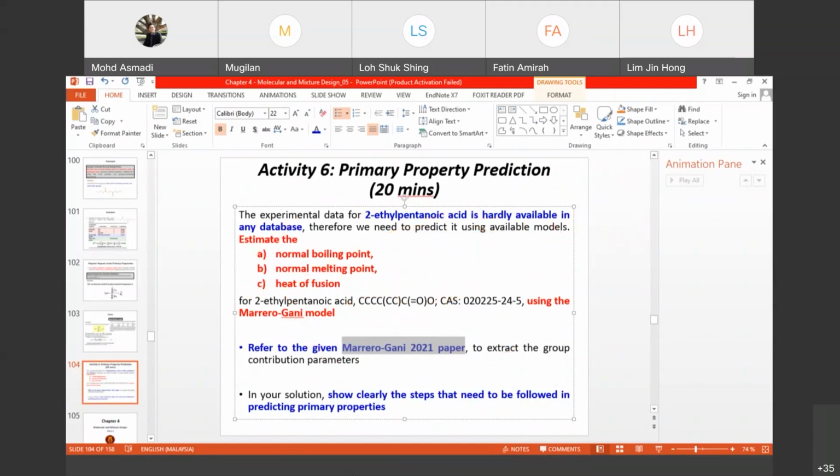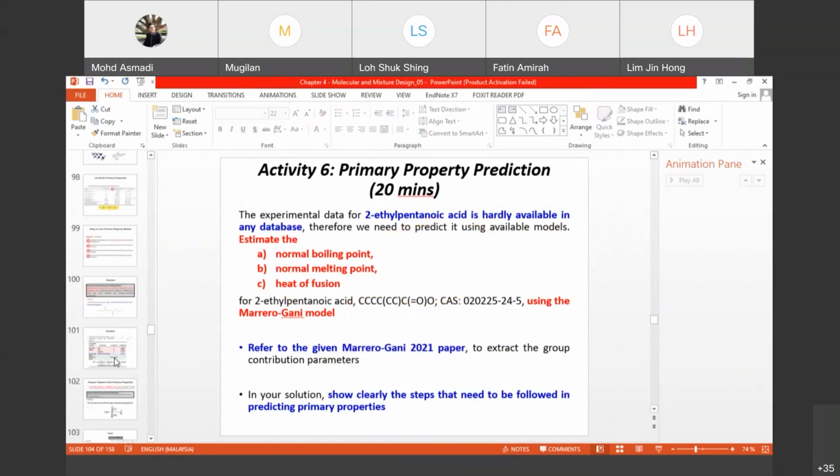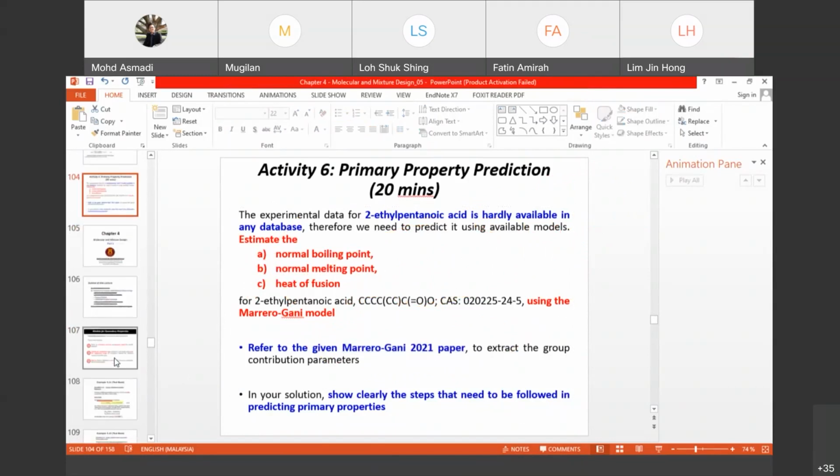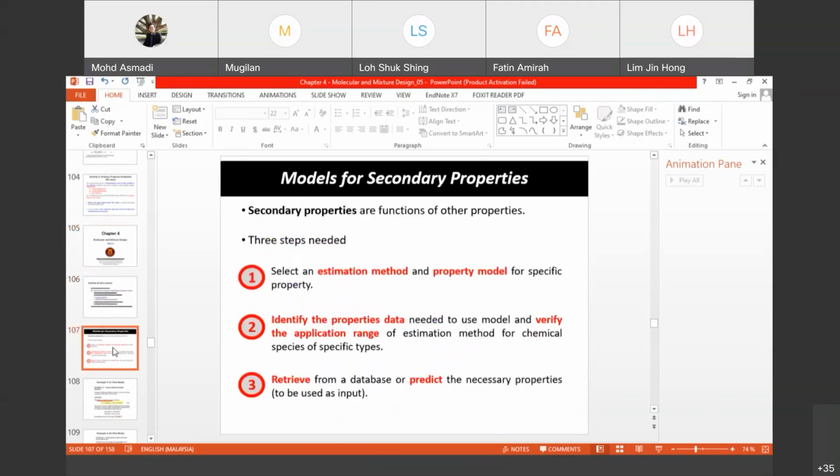The deadline is before the next class, because in the next class I think I will explain a case study about ICAS, and then after ICAS, the model for the secondary.